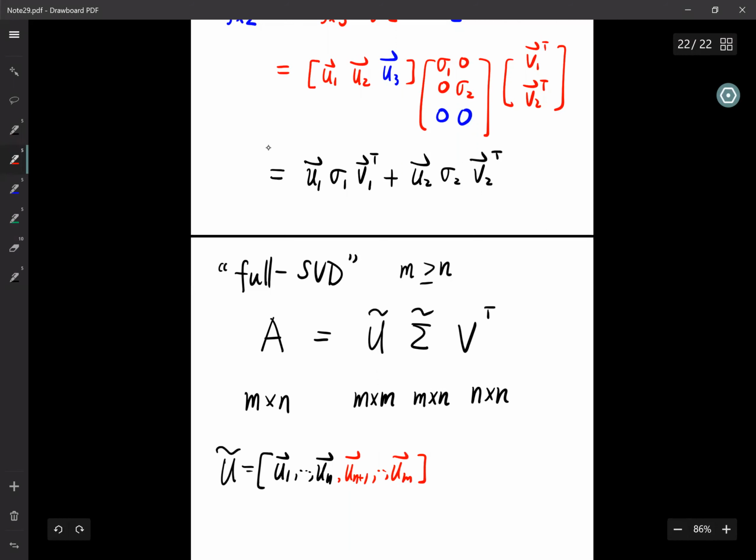These columns are not useful, so sigma tilde takes the form: this is sigma, and this is just a 0. This is M, this is N, N. The rest of the M minus N rows are 0.